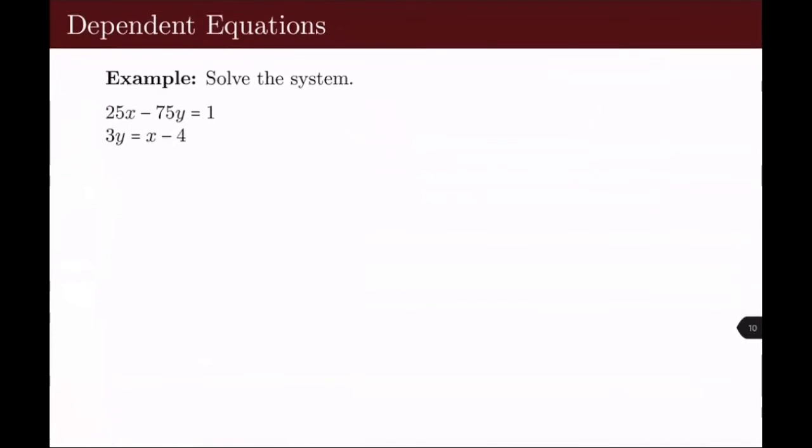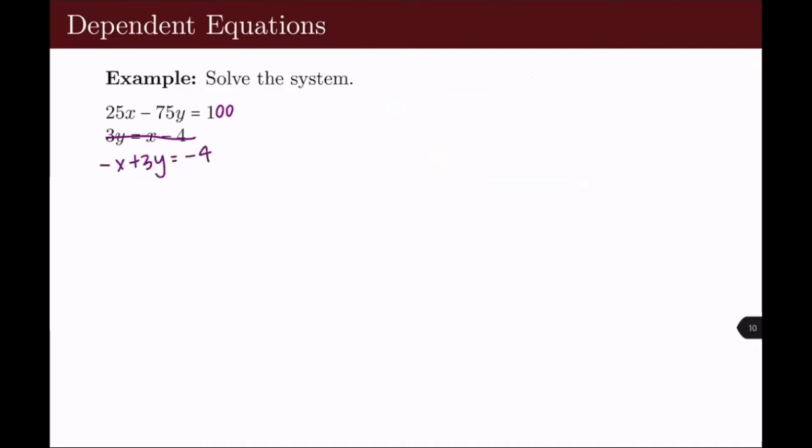Now we're going to do some dependent equations. So what we want to do is essentially just put this into reduced echelon form. So this should say 100. Just killing it with the typos today. But anyway, I'm going to rewrite these equations, specifically this bottom one, because we want it in terms of like negative x plus 3y equals negative 4.